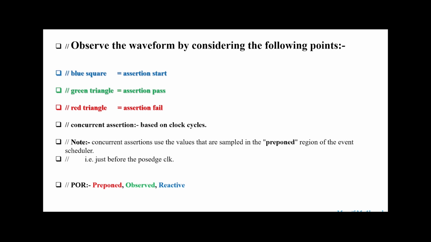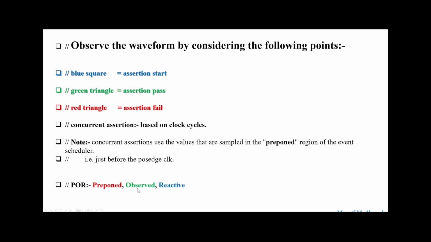In concurrent assertions, the values are sampled in the preponed region of the event scheduler. We already discussed this point in the last video. This means just before the posedge of the clock, we have to take the values of the variables. These are the three main regions of the event scheduler with which assertions are associated. Preponed region, where sampling of the assertions happens.